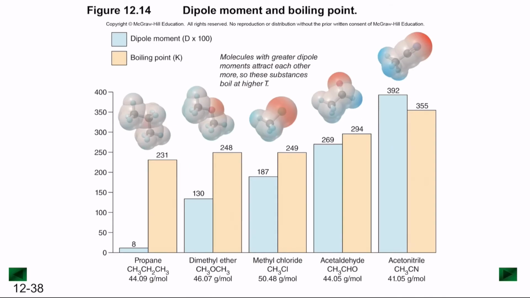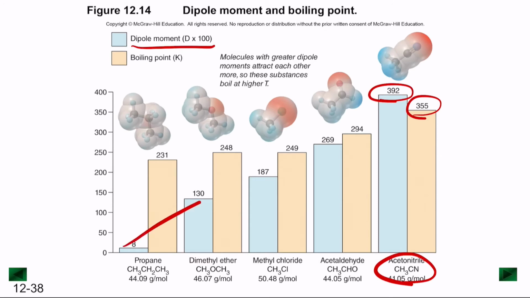Now, one of the main characteristics that decides the structure is the dipole moment. The higher the dipole moment, the higher the boiling point. So the higher the boiling point, the more stable the molecule. For example, acetonitrile has a high dipole moment of 3.92 D, thereby giving it a boiling point of 355.